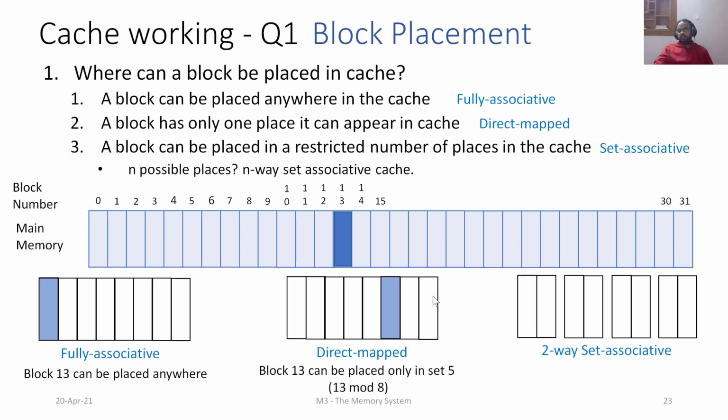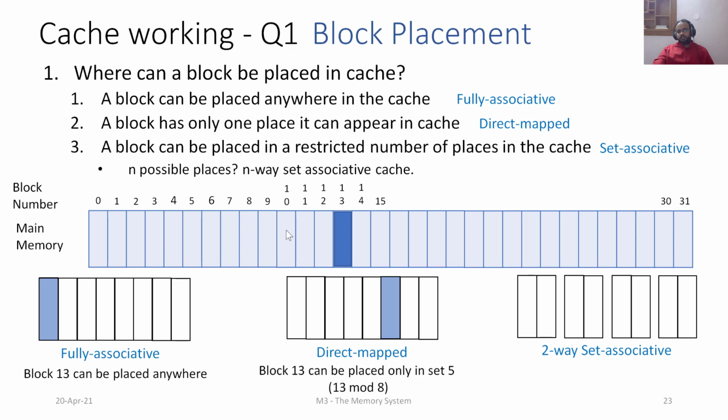Now, if there is already a block placed in set 5, what do we do? We need to kick that out and place this new block. This kind of scenario is called a conflict, where the new incoming block finds that a block is already there in the location assigned to it. So the old block will be replaced, moved to the next level in the hierarchy, which is below, meaning farther from the processor, and this new block is placed in its place.